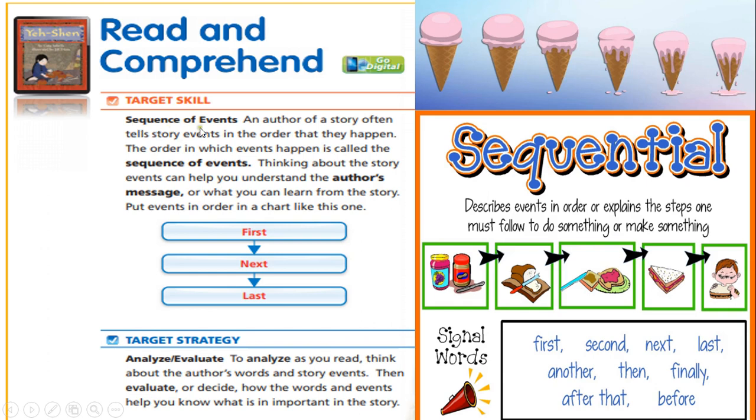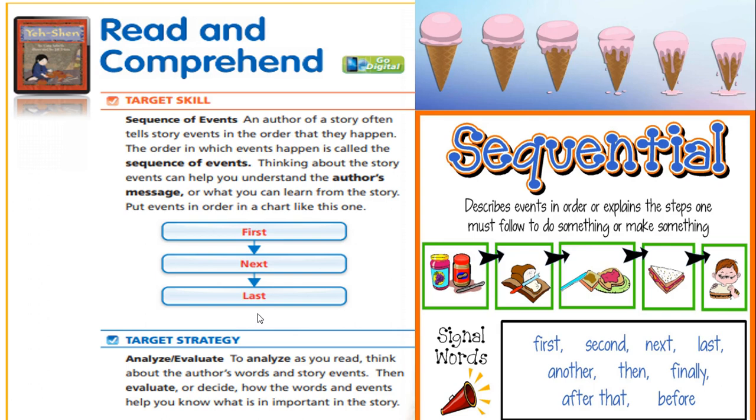So this is sequence of events. An author of a story often tells story events in the order that they happen. The order in which events happen is called the sequence of events. Thinking about the story events can help you understand the author's message or what you can learn from the story. Put events in order in a chart like this one below.